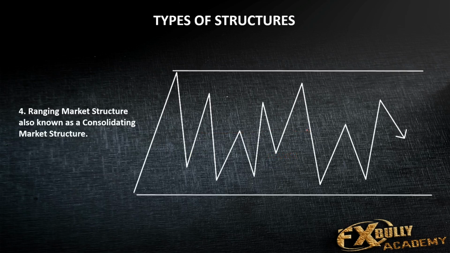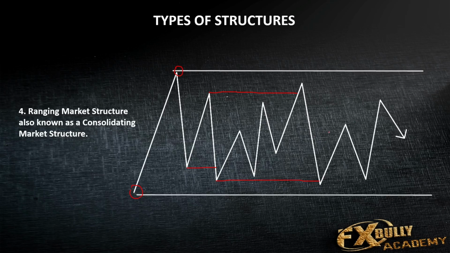We then looked at the other type of structure, which was a ranging market known as a consolidation, where the market is ranging between two areas, a low and a high. The market is just between that area, and that is a consolidation. And we also spoke about how one could trade this type of structure, where below the lows you buy, above the highs you sell, and then it continues just like that.